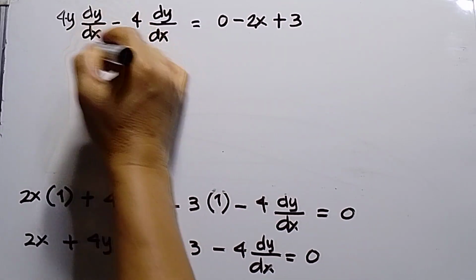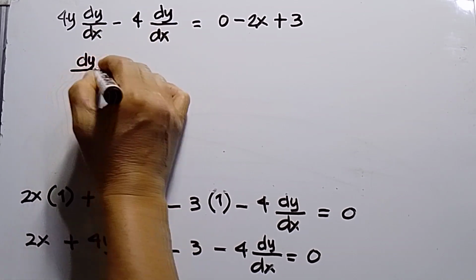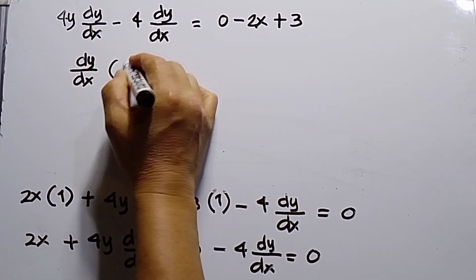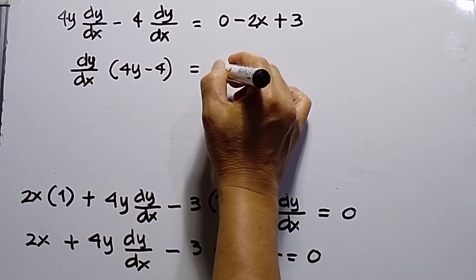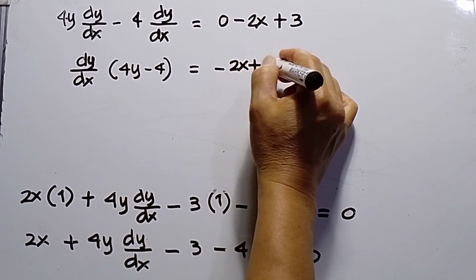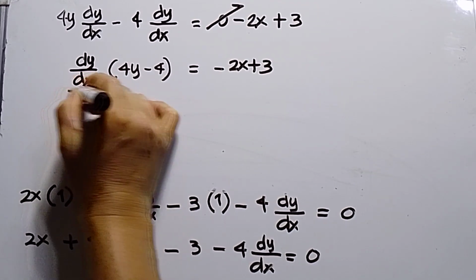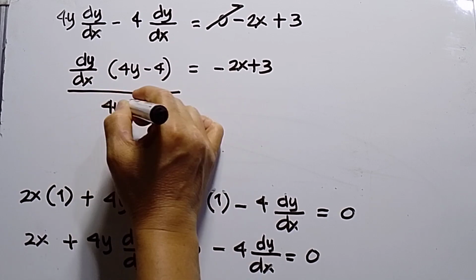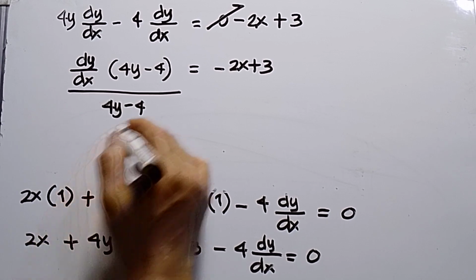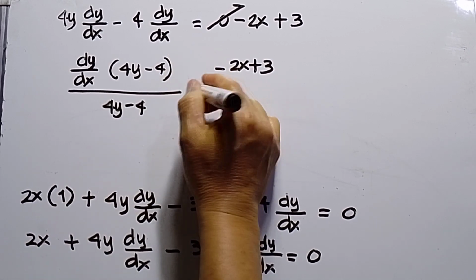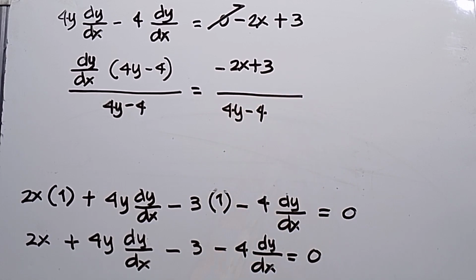And then the common factor of dy over dx, this will be dy over dx times (4y minus 4) is equal to minus 2x plus 3. This one will be deleted. And then divide both sides by 4y minus 4 in order to solve for the slope, dy over dx.